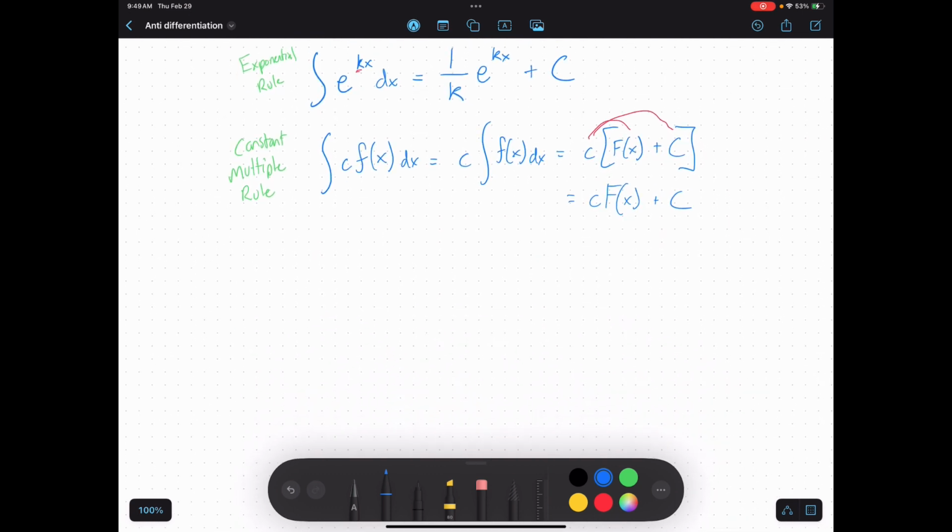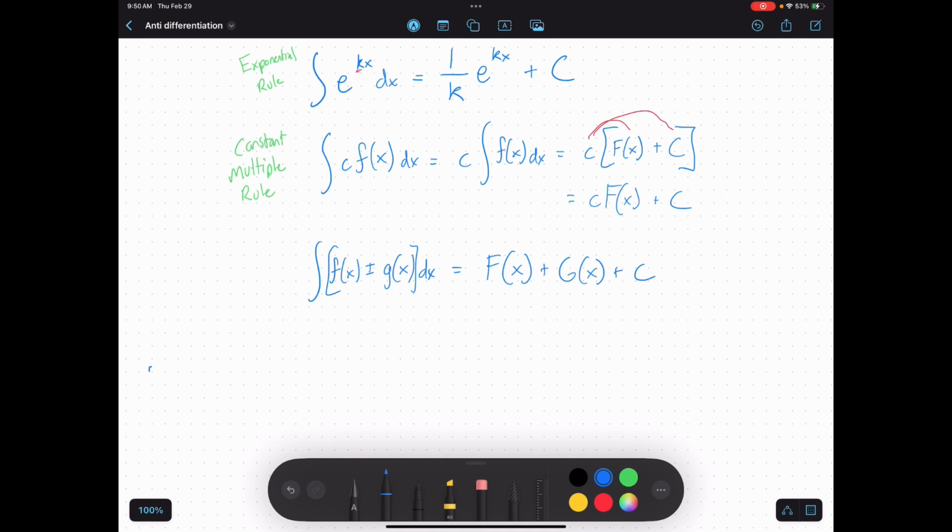Okay, and then what was the other operation that didn't affect derivatives, right? If you have two functions being added or subtracted together and you're taking the antiderivative, well, just like it doesn't affect derivatives, this also doesn't affect your antiderivatives, okay? And so what you're going to get is the antiderivative of f plus the antiderivative of g plus c.